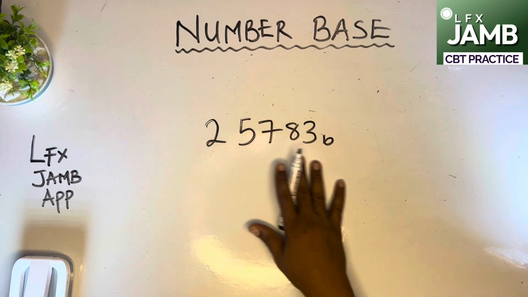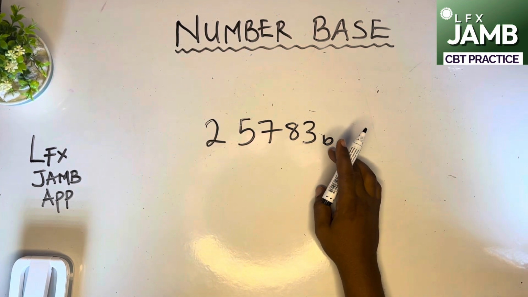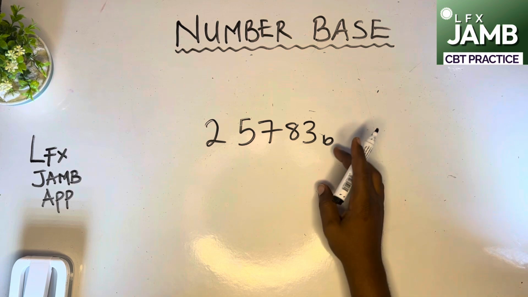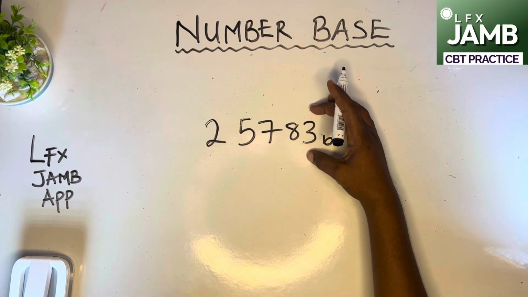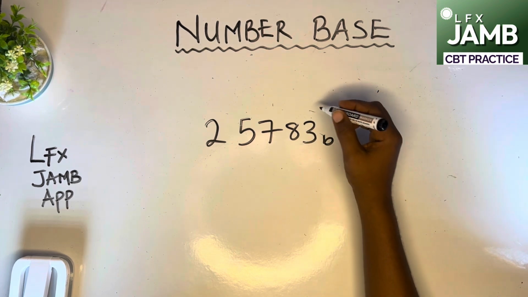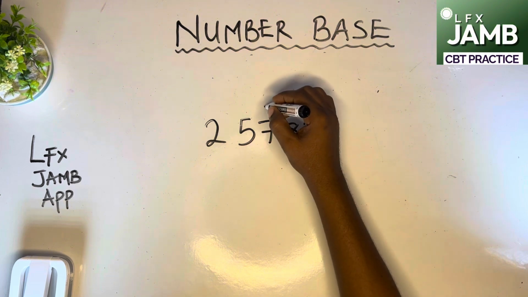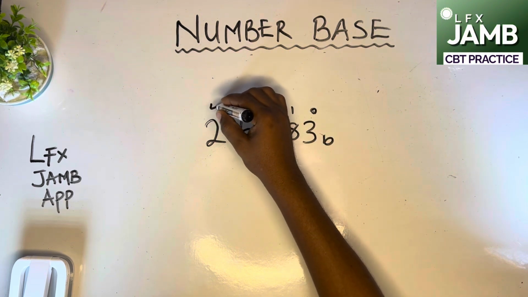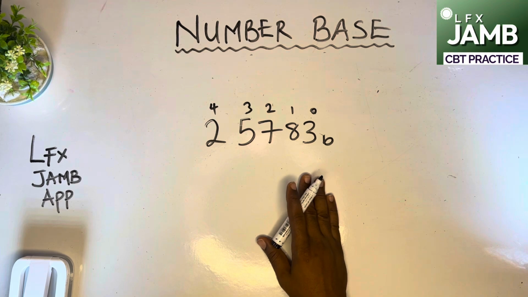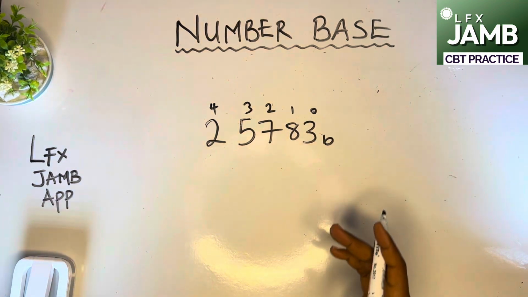If we have a number in base B, and we want to know what this number represents in base 10, we simply count 0, 1, 2, 3, 4. I just changed the number a little to have more digits.